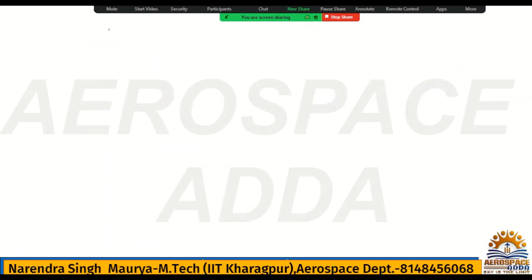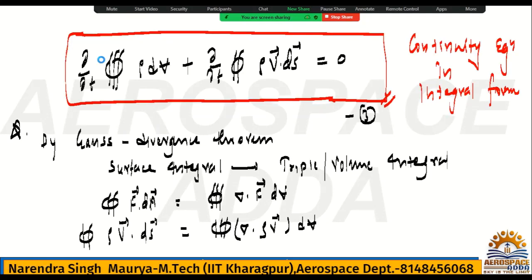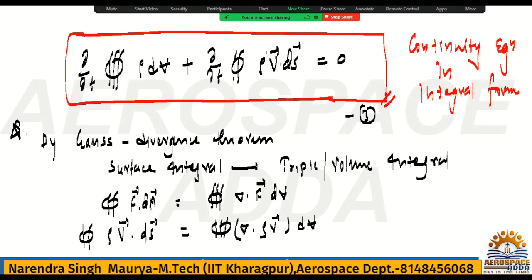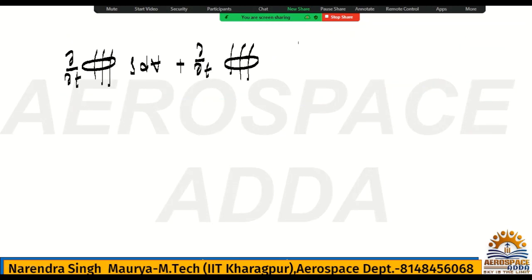So this equation you can now write as triple integration of dou rho by dou t dV plus triple integration of what you got by Gauss divergence, grad dot rho v.